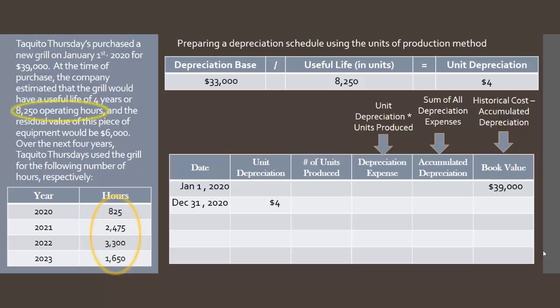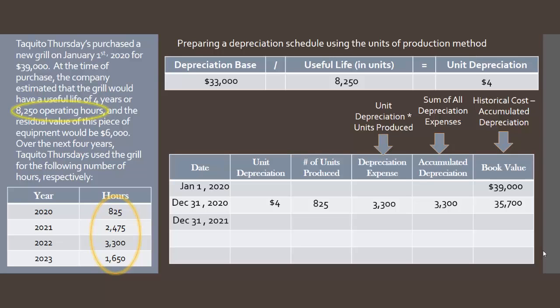We used it, according to this table, for 825 hours, which means if we're accumulating $4 worth of depreciation for every hour that we use this, and we use it for 825 hours, we should be recording a depreciation expense of $3,300. And since this is the first year that we are putting depreciation on this asset, that's going to be our accumulated depreciation, reducing our book value to $35,700.